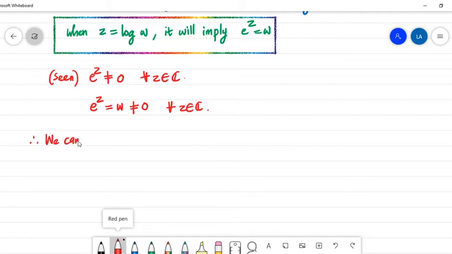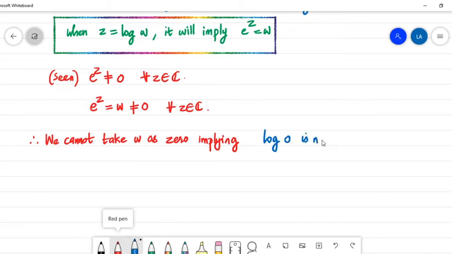We cannot take w as 0, and that will imply an important thought, which is log 0 is not defined.